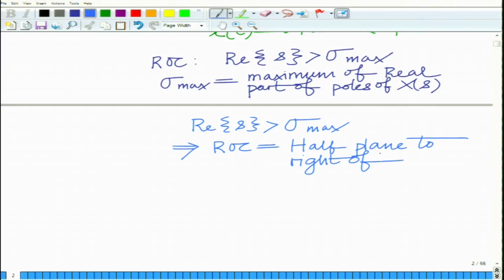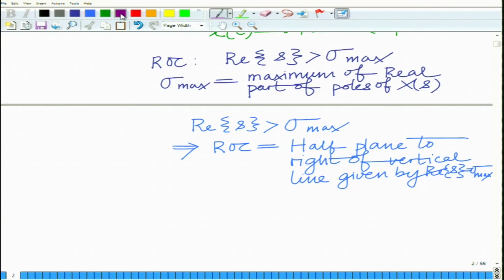of the vertical line given by real part of s equals sigma max.